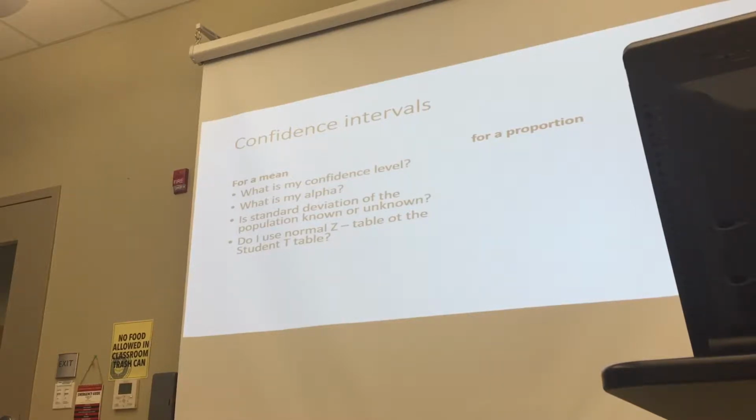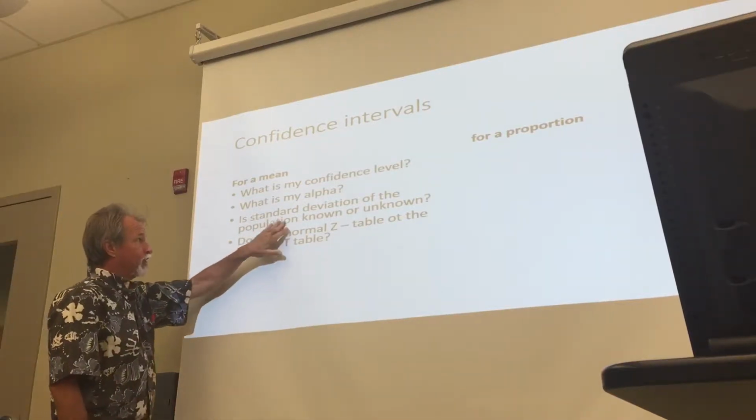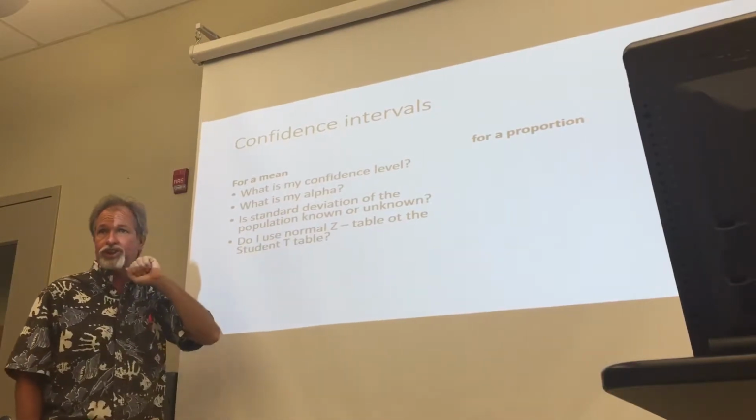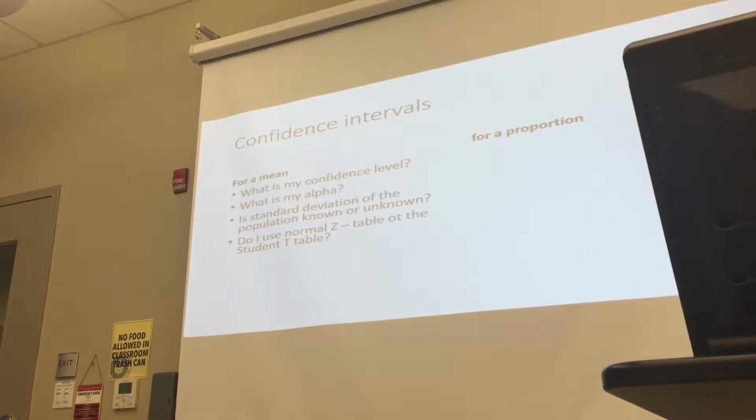Actually, in reality, we can ask ourselves a second question: what's our N? If the N is big enough, I can forget all about the T table and just use the Z table. But for now, the way the book does it is, if the standard deviation of the population is known, we use the Z table. If it's unknown, we use the T table.